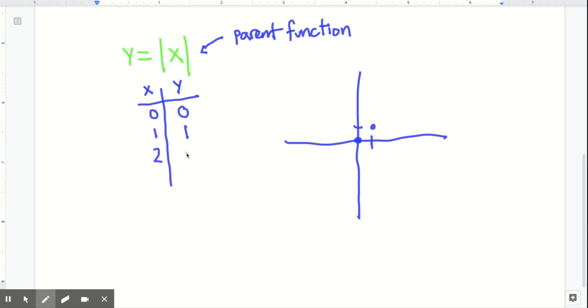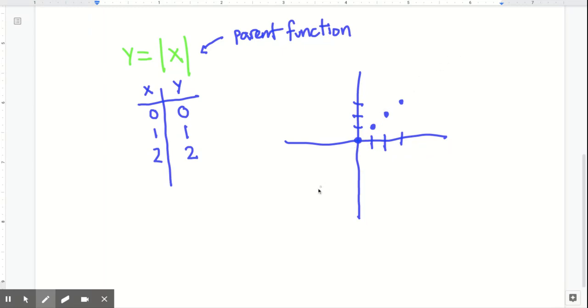If I plug in a 2, absolute value of 2 is 2, and so on, and so on, and so on. So it's looking an awful lot like a linear graph right here. In fact, I could sit here for literally the rest of my life, plugging in 4, 5, 5.2, 5.3, 6, 7, 8, 9, and so on, and I would live my whole life thinking this was a linear graph.